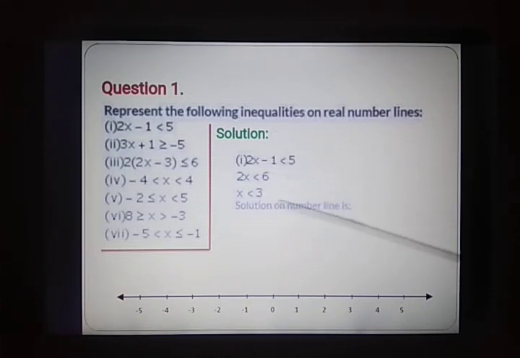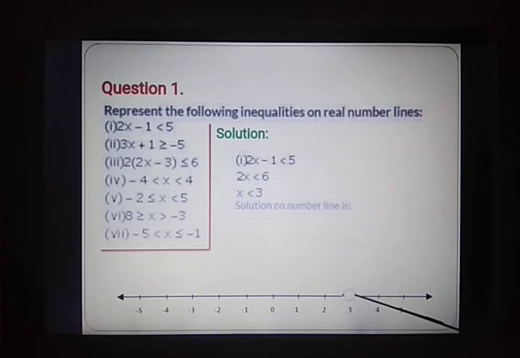Now here it is said that this x is a real number. So this is my line, and it is said that x is less than 3 here. That means x is not equal to 3. So if it is not equal to 3, let us go to 3 where it is. So 3 is here, right? Since x is not equal to 3, we have to put a hollow circle here.